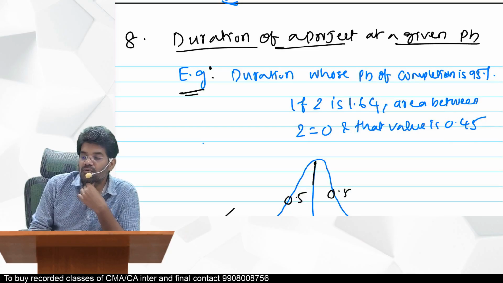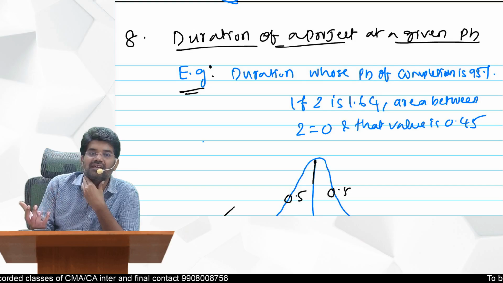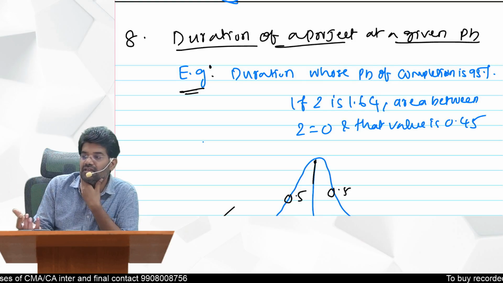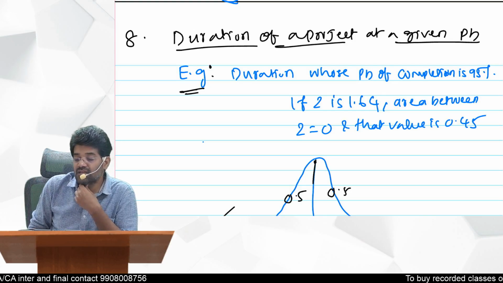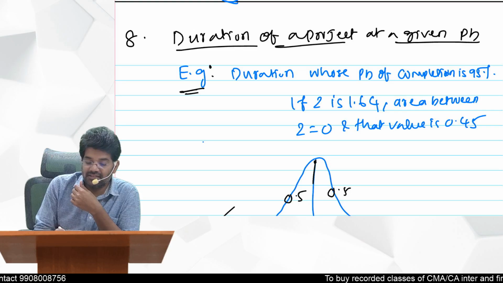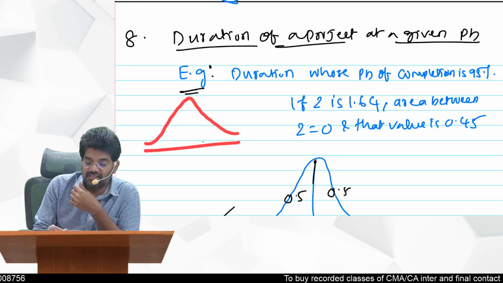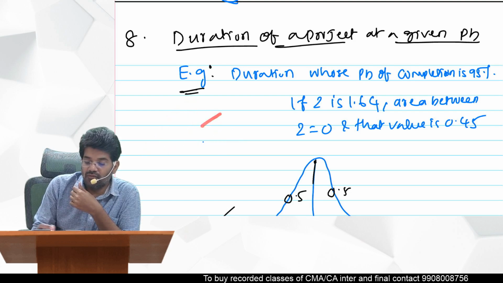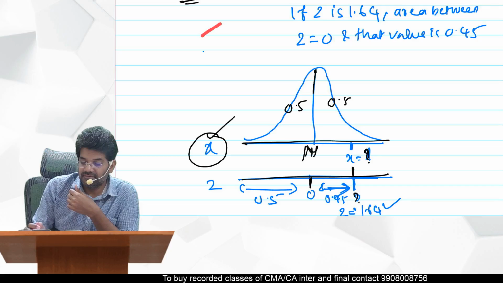So now basically we have to calculate the X value from the probability. Now they have given the probability 95%. How they might have got 95% is probably from this value 0.45. See here, you can exactly identify it here.